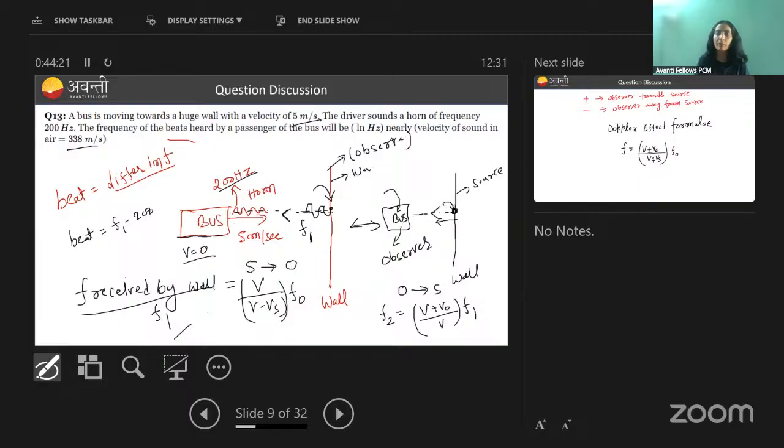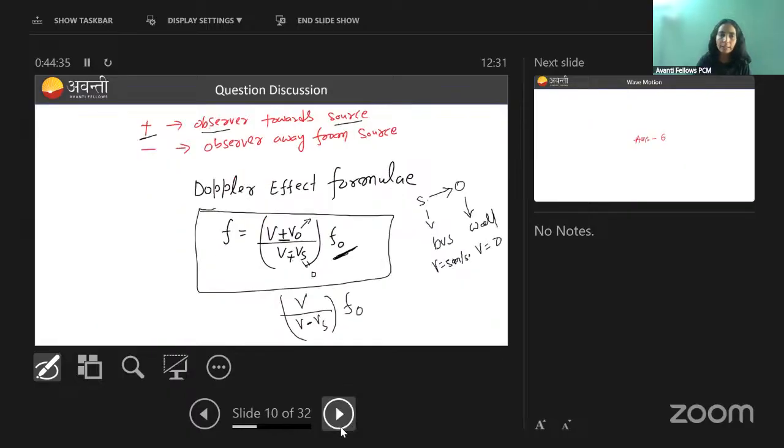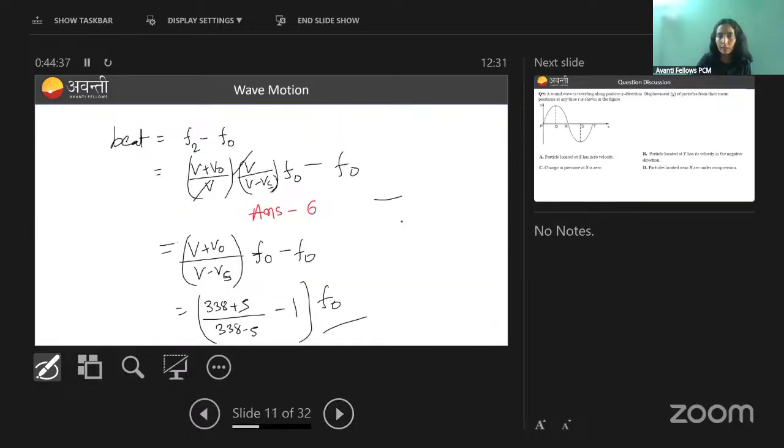So you should know that when a bus is moving towards a wall, the sound will get reflected. That reflected sound will have what frequency, as heard by the person sitting inside the bus? You need to apply two things. First, the sound will get received by the wall, this is the bus and this is the wall. So the frequency of sound received by the wall is F1.